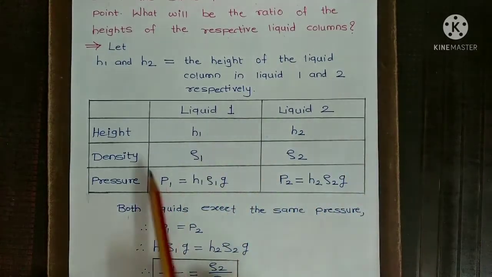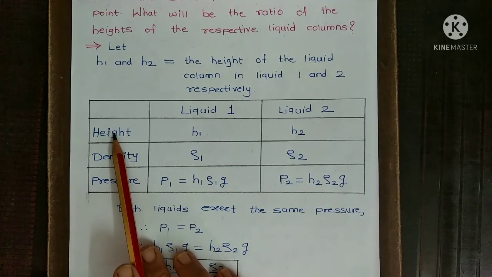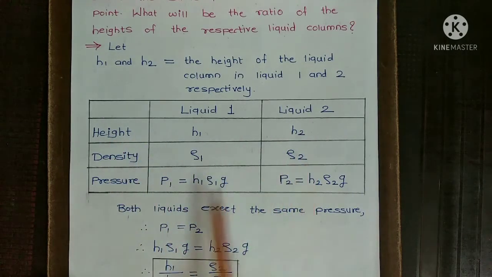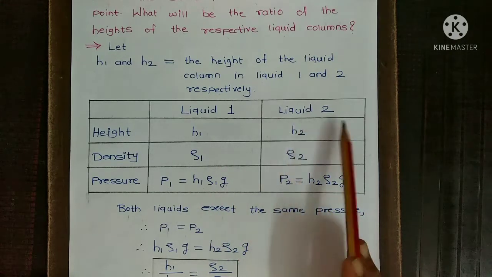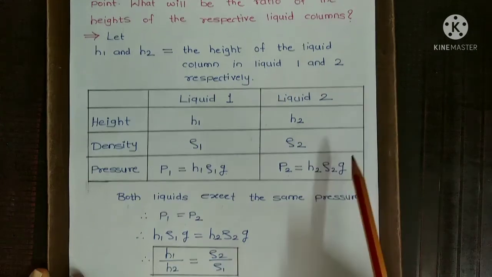We have made a chart here: liquid 1, liquid 2, their heights H1 and H2, densities rho 1 and rho 2. We saw in the previous expression that pressure P is equal to h rho g. Therefore for liquid 1, P1 is equal to H1 rho 1 g, and for liquid 2, P2 is equal to H2 rho 2 g.